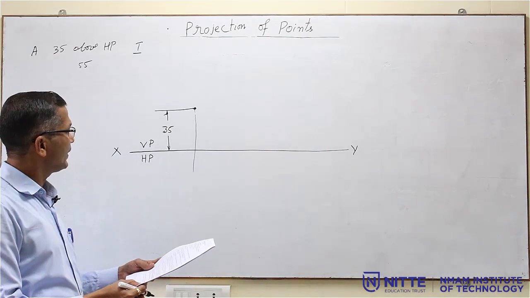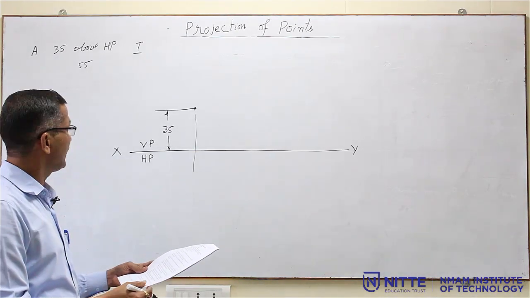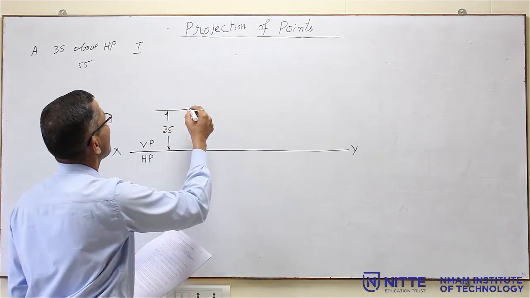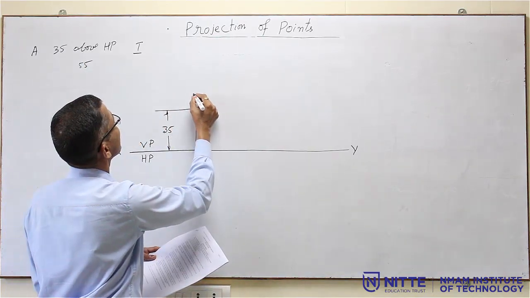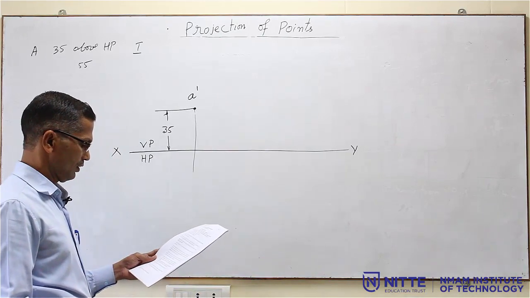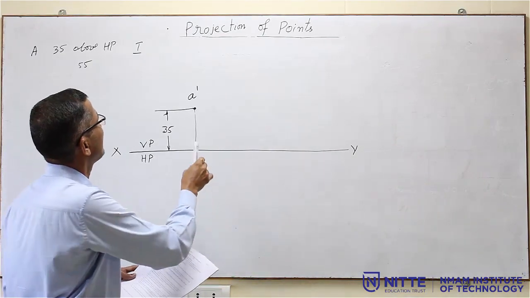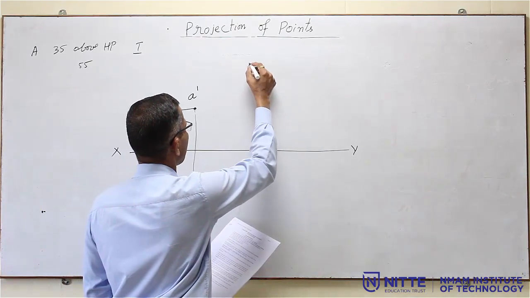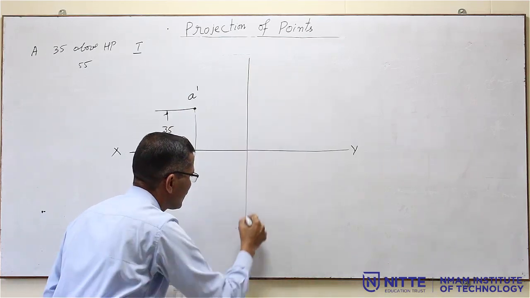Its shortest distance from XY line is 55. Now, the name of this is A dash. So, from here you draw an x1 y1 line.